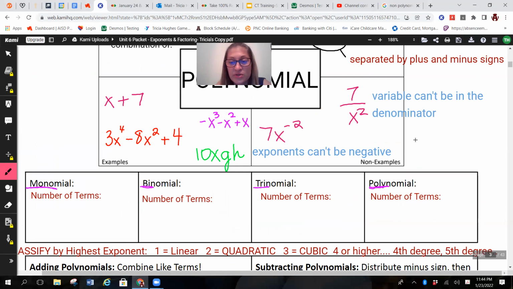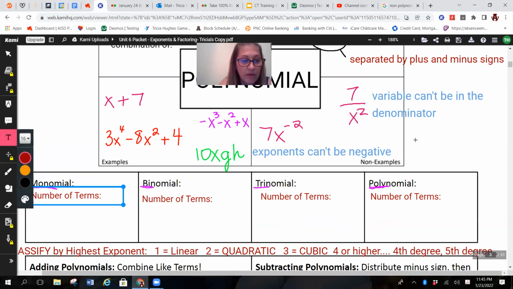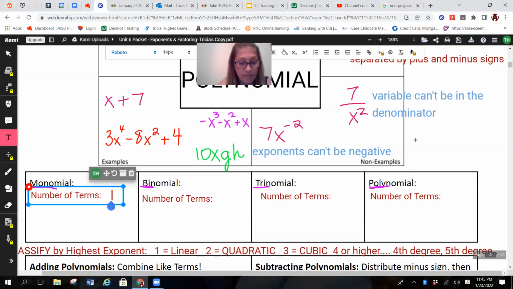And how many terms do you think a polynomial will have? All right, I've underlined in purple the prefix of the word that should help you come up with the answer for the number of terms. So what does mono mean? Mono means one term.